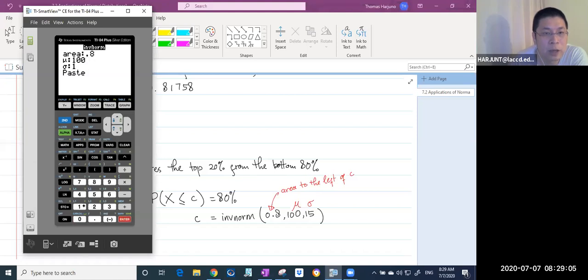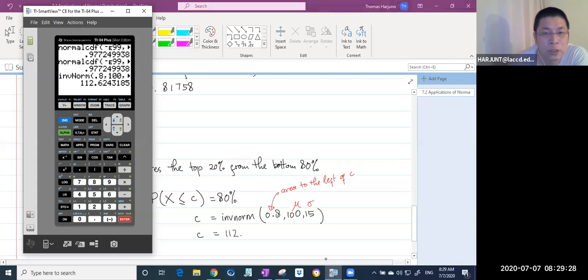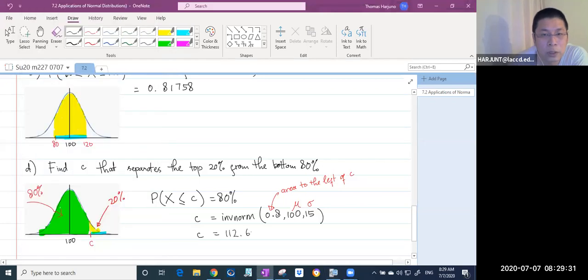The standard deviation is 15. So C equals 112.62432.